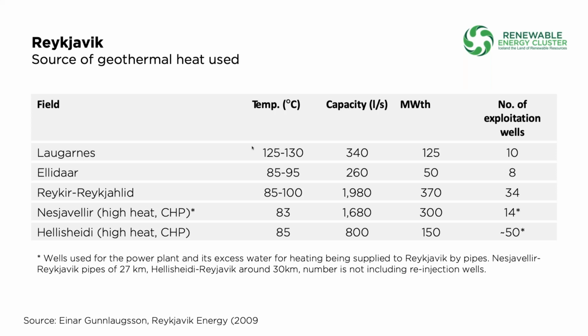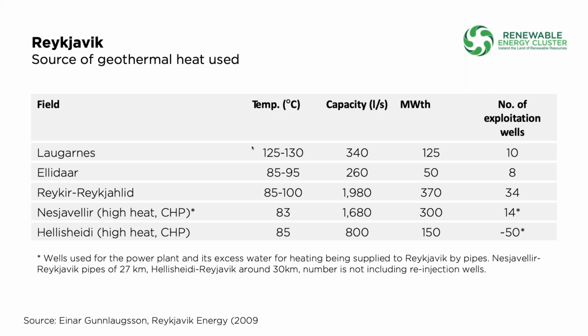Then you have the larger field at Reykir and Reykjahlid, which is about 90 degrees Celsius water, with a capacity of around 2,000 liters per second, so quite important. About 34 wells drilled here. And then you have the 2 high temperature fields of Nesjavellir and Hellisheiði, combined heat and power plants, both utilizing around 83 degrees Celsius water.